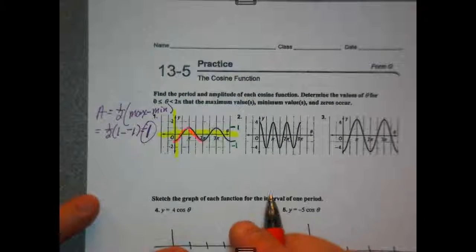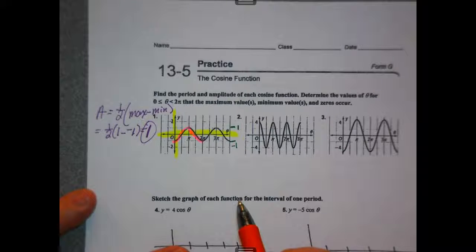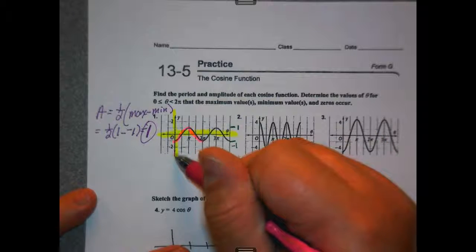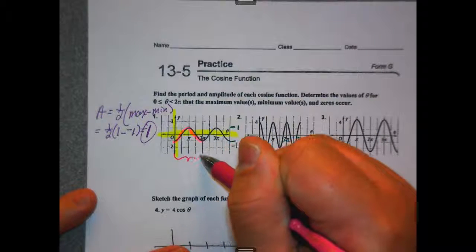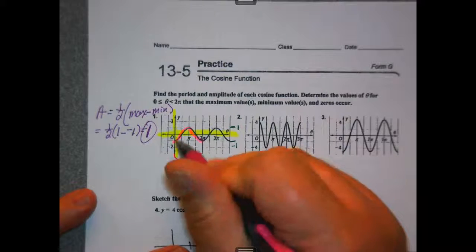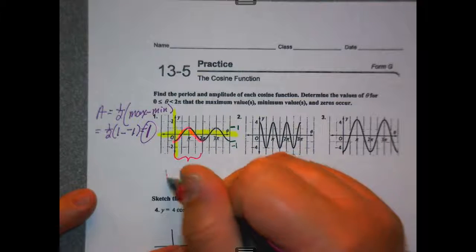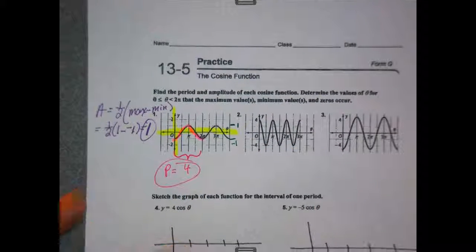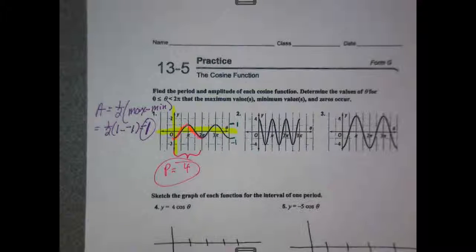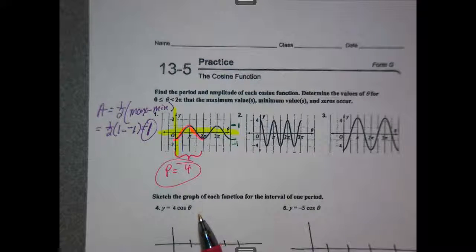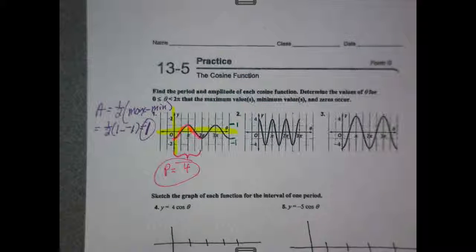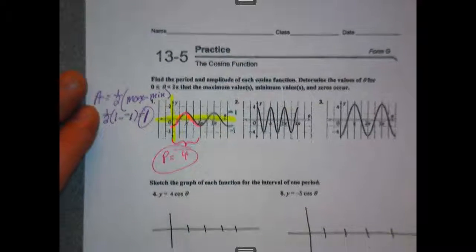And how do we find the period of a trig function when we have a graph? Just count it. 4. So the period equals 4. That's when you have a graph. When you have an algebraic function, you have to do 2 pi over b, and the absolute value of a to find amplitude and period.